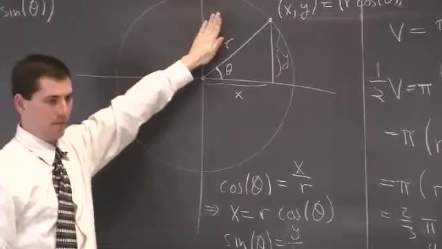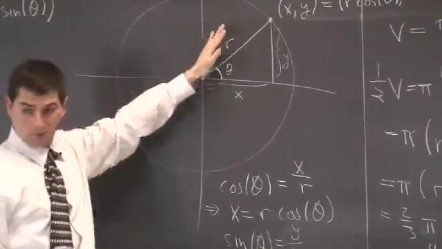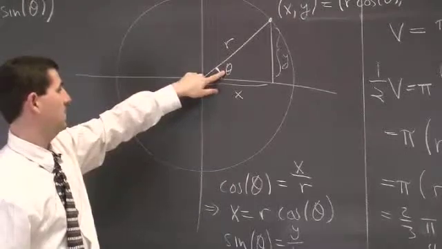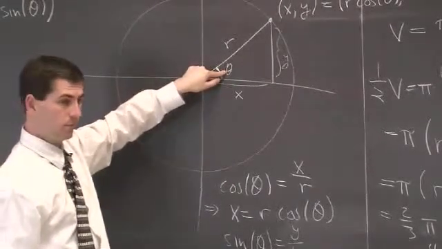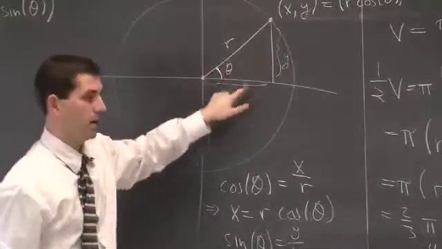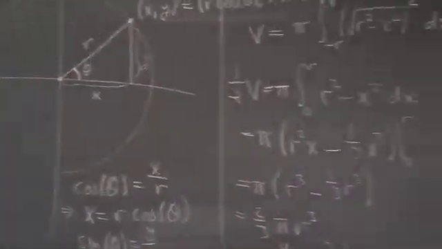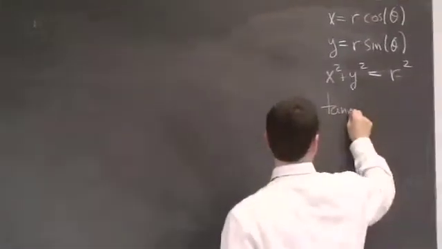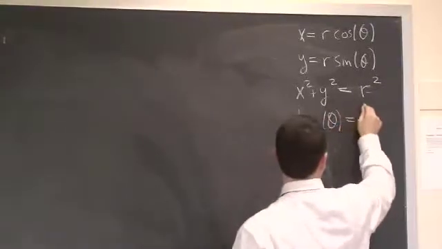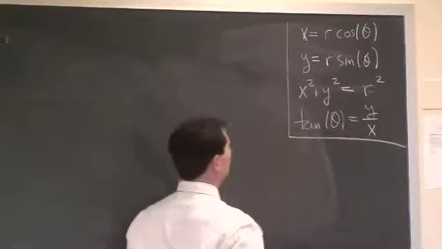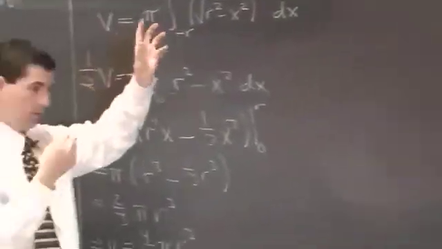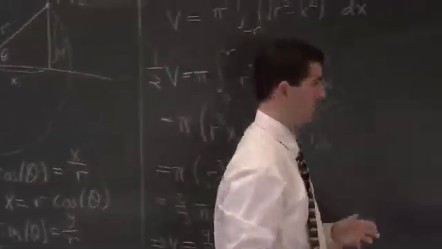Something that doesn't involve the hypotenuse. You could use tangent, right? Okay, what's the tangent of theta? Opposite over adjacent, right? Y over x. So this is also useful. So if you use these equations, you can pass back and forth between the two systems of coordinates.